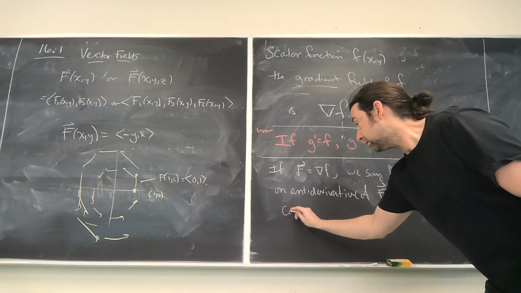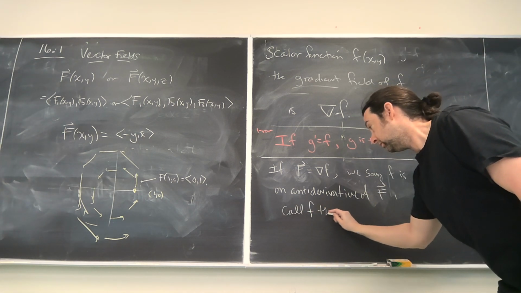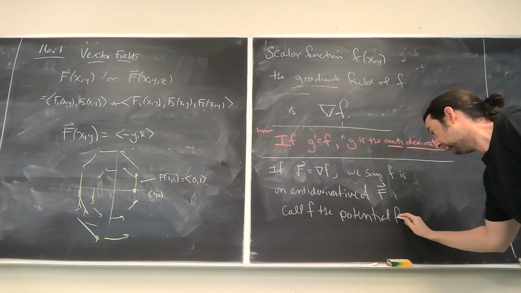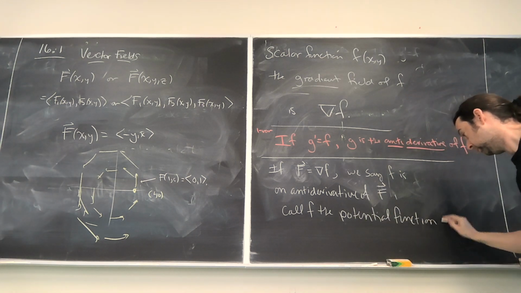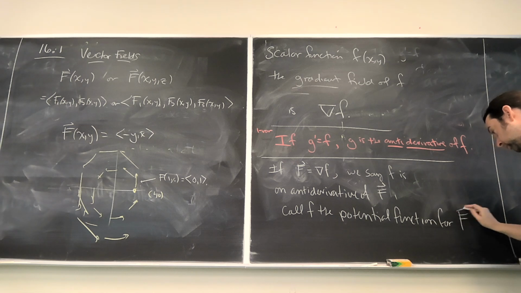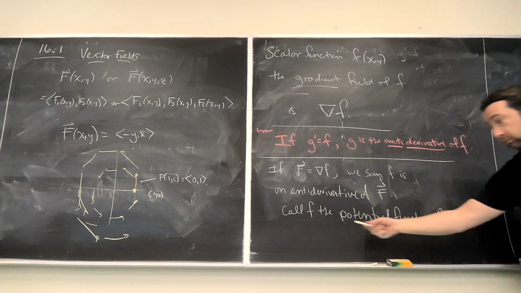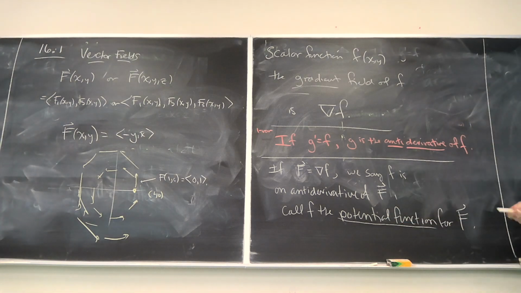And we call it the potential function for F. So when I say potential function, I mean an antiderivative. If I give you a potential function, you take the derivative to get the gradient field. If I give you a gradient field, you're faced with a harder task.